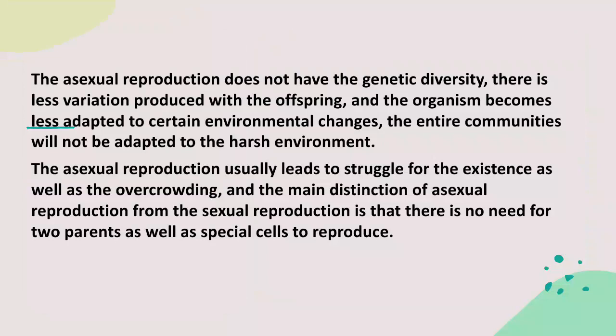Asexual reproduction usually leads to struggle for existence as well as overcrowding, and the main distinction of asexual reproduction from sexual reproduction is that there is no need for two parents as well as special cells to reproduce.